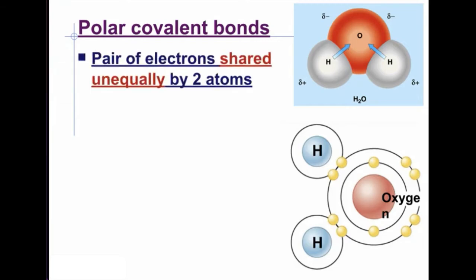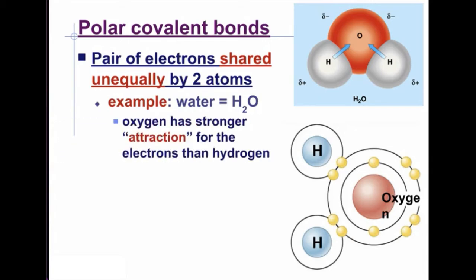Now, a polar covalent bond is a pair of electrons shared unequally by two atoms. An example is your water, H2O, because oxygen has a stronger attraction for the electrons than hydrogen. That's the reason why the electrons are unequally shared.